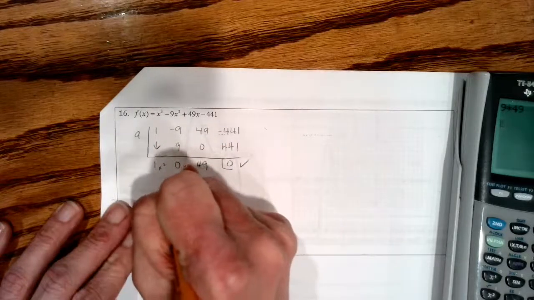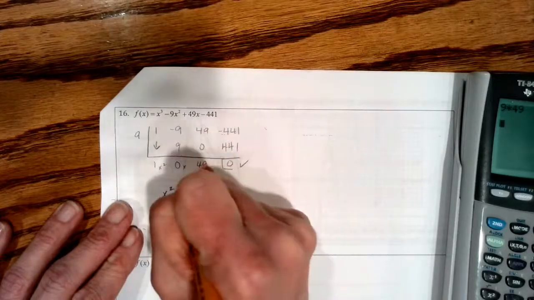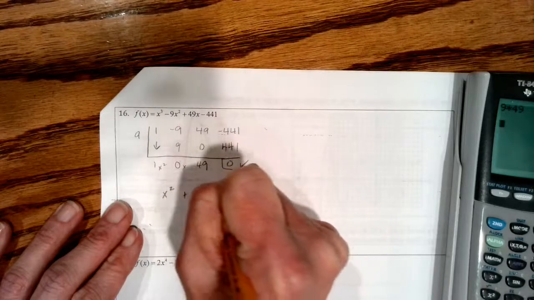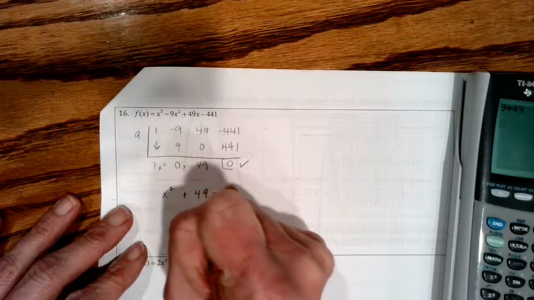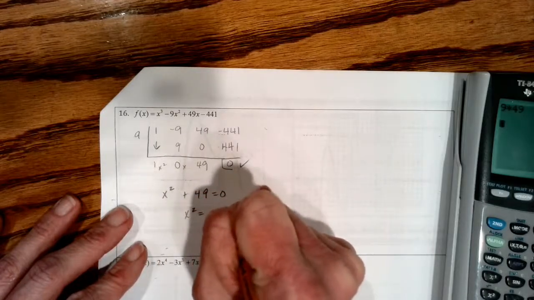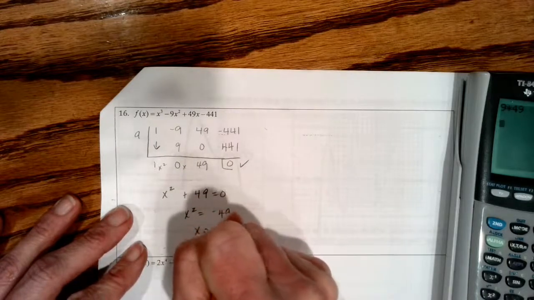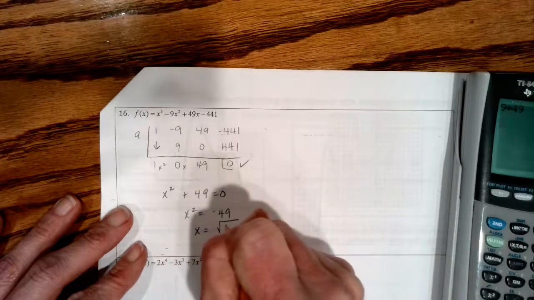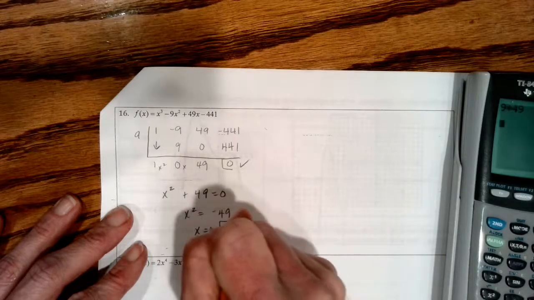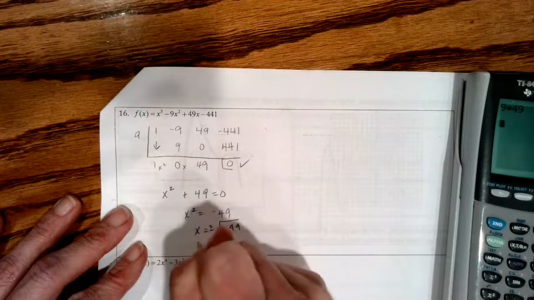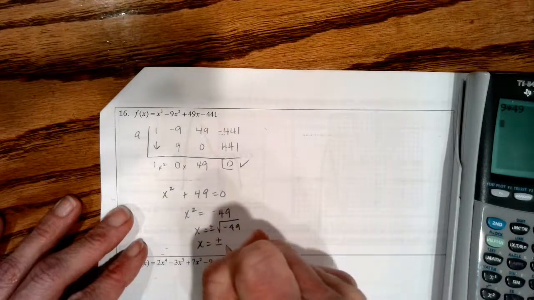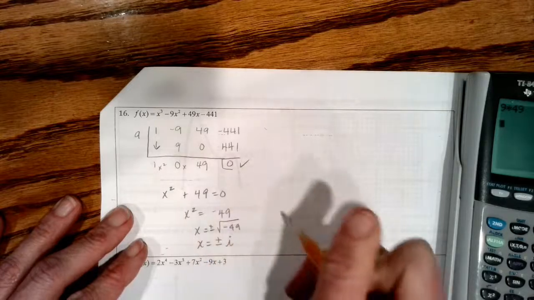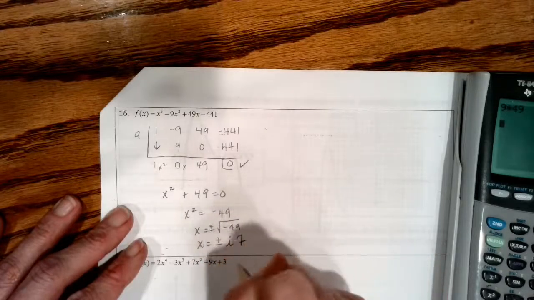So I have x squared plus 49 is equal to 0, so x squared is equal to negative 49. X is equal to plus or minus the square root of negative 49, which is plus or minus i times the square root of 49, which is 7.